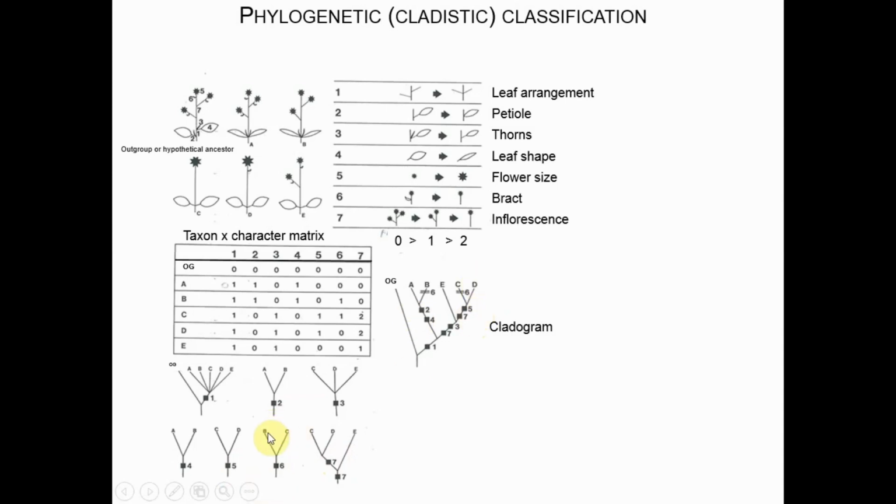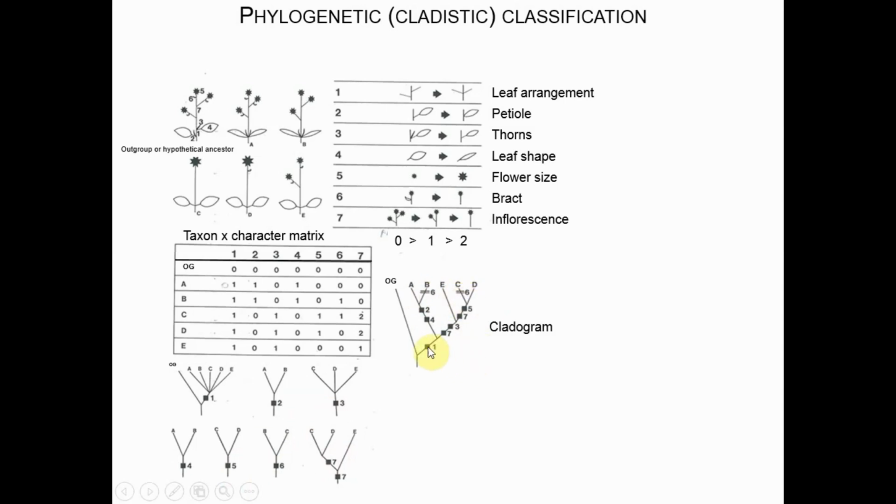So now we see that B and C share character 6, but B and C are not sitting together on the cladogram. So we can see that this character is obviously convergent, so it's not from a common ancestor. So we draw that with our equal sign.